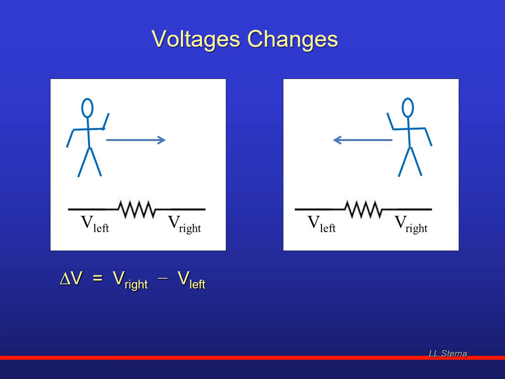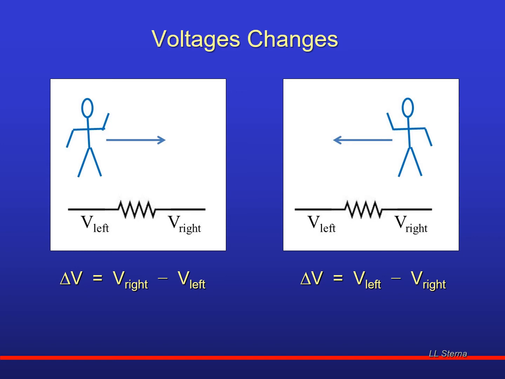Now, the same resistor, you're walking from right to left. The same resistor, but delta V is going to change sign, because now it's V left minus V right. This is oh so important in applying this rule, that you have to consider this kind of imaginary path where you walk around the loop, you walk around the circuit, and you pass over a resistor.